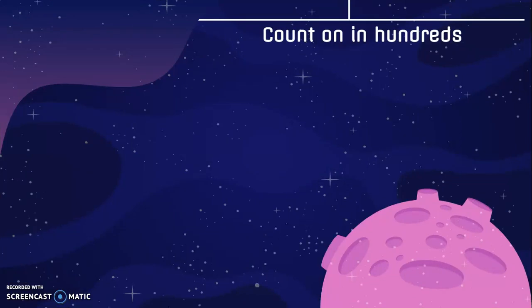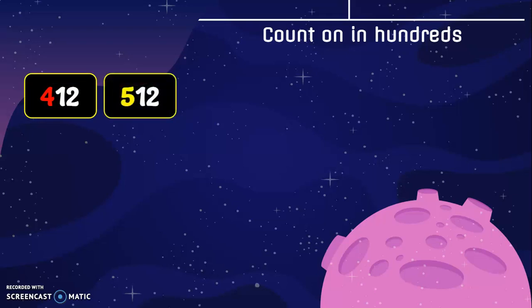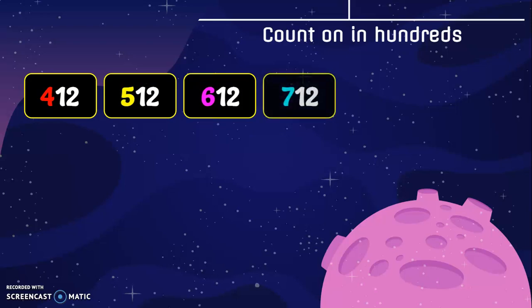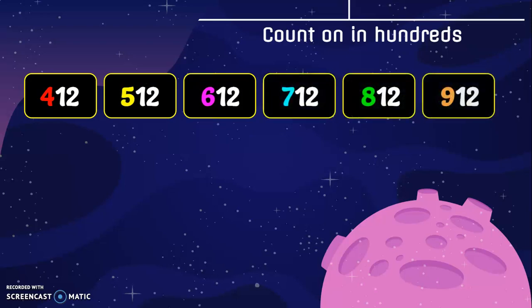Last for count on is count on in hundreds. I have here 412, 512, 612, 712, 812, and 912. The colored number here shows the digit at the hundreds place value.